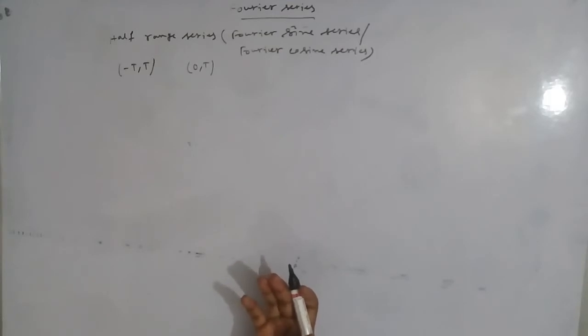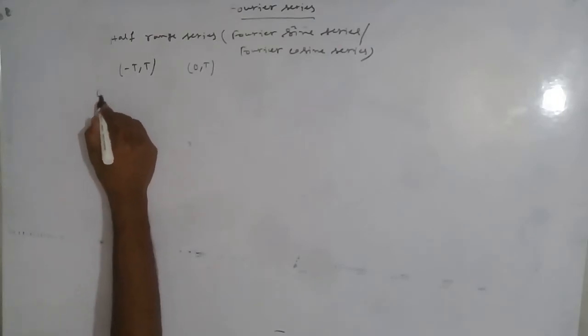From the main definition of Fourier series, we can obtain the half range series depending upon the type of the function, that is, whether the function is even or odd or neither even nor odd. So one by one I will discuss.